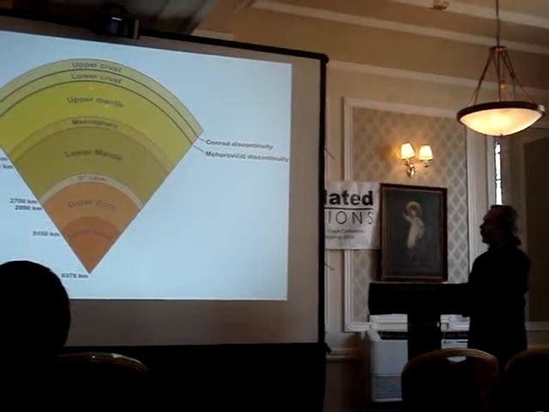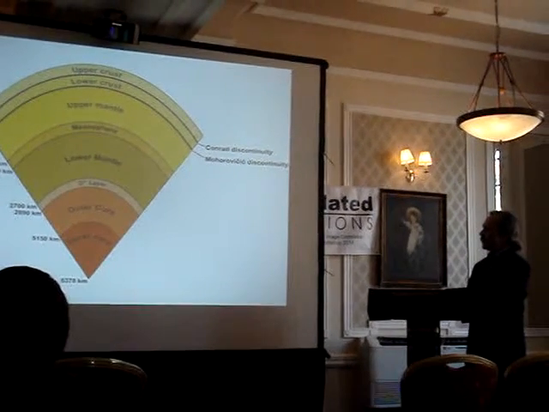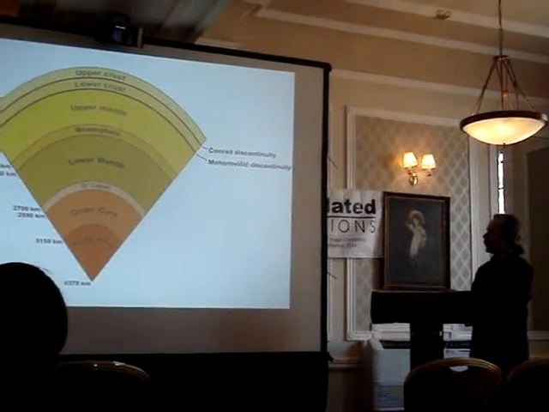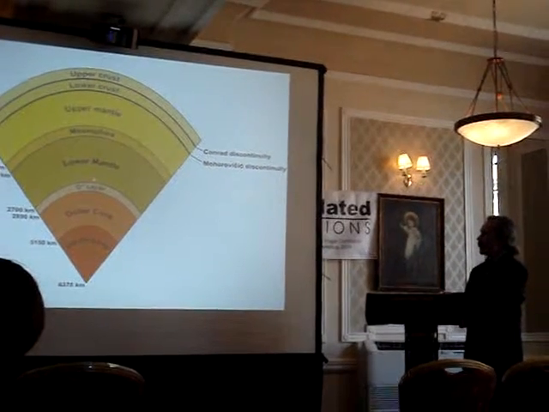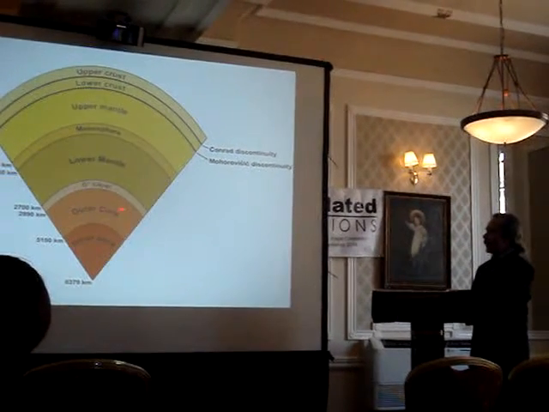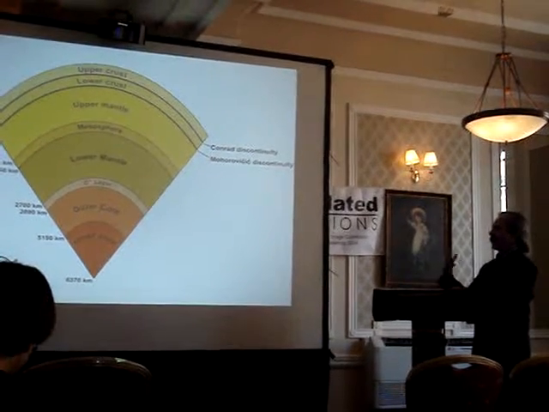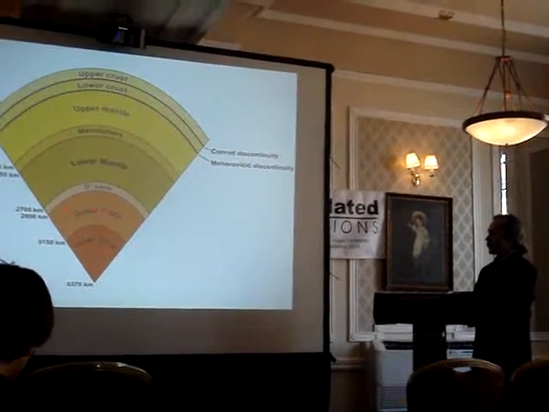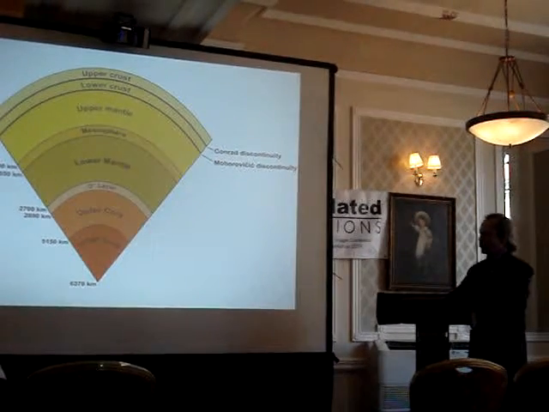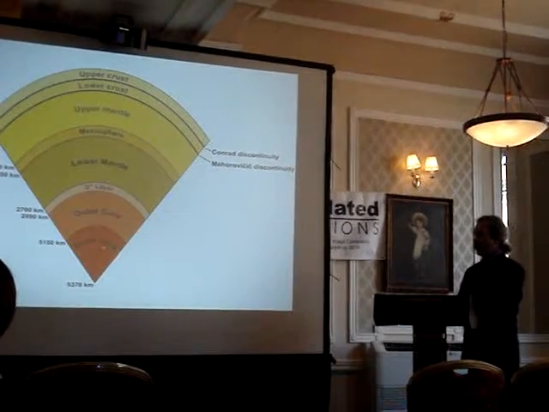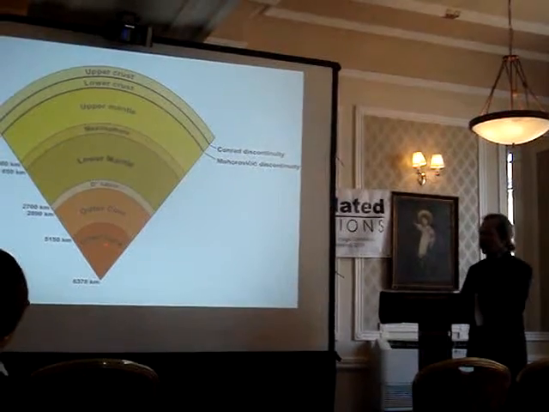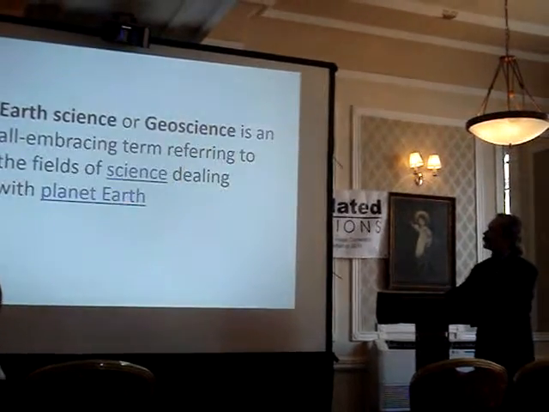Then we have an upper mantle, mesosphere, and lower mantle. This is maybe 2,000 kilometers. We have a D layer here, a liquid outer core, which works as a nuclear generator actually, and we have a solid inner core. Nowadays we have another matter here. It's a very new publication.